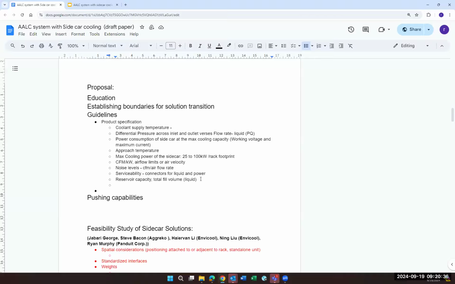But these guidelines in terms of product specifications are for everyone to understand or compare and contrast between whatever their needs are versus whatever they're getting or buying. In order for them to understand that these specifications will be used, yes, additional safety specifications have to be written for sure. We can add that.